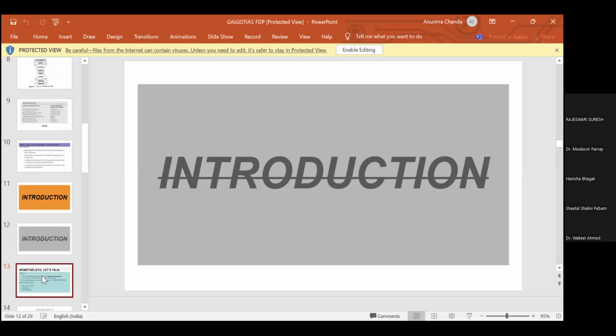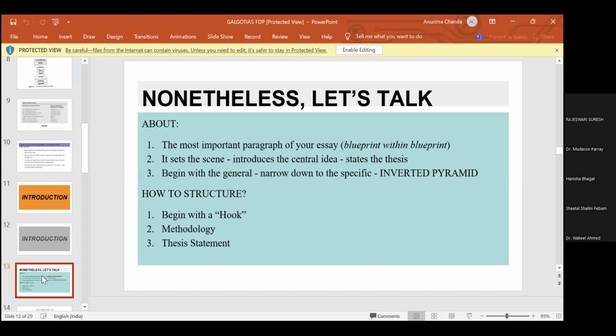Nonetheless, it might be best to talk a little bit about what an introduction might mean. It is undoubtedly the most important paragraph of your essay. Basically, it acts like a blueprint within a blueprint for your readers, and for you yourself. Anybody who's reading your entire paper should be able to understand what you're trying to do right from the introductory paragraph itself.